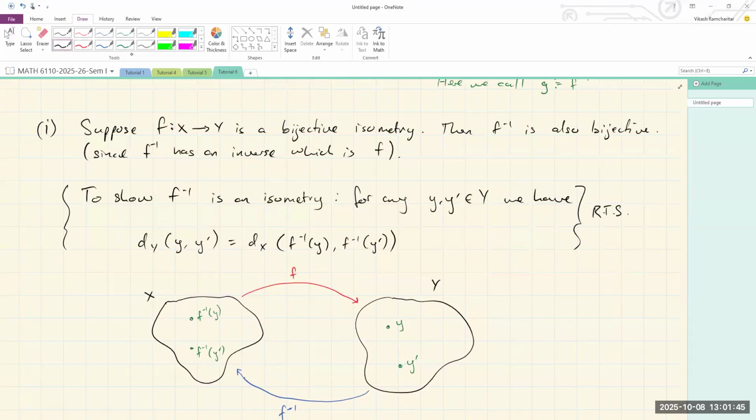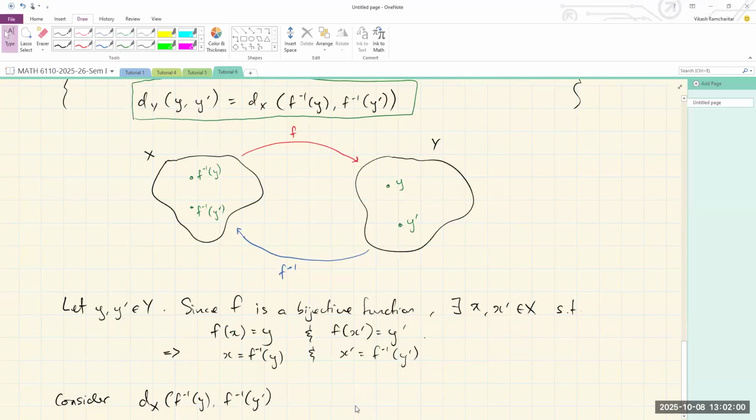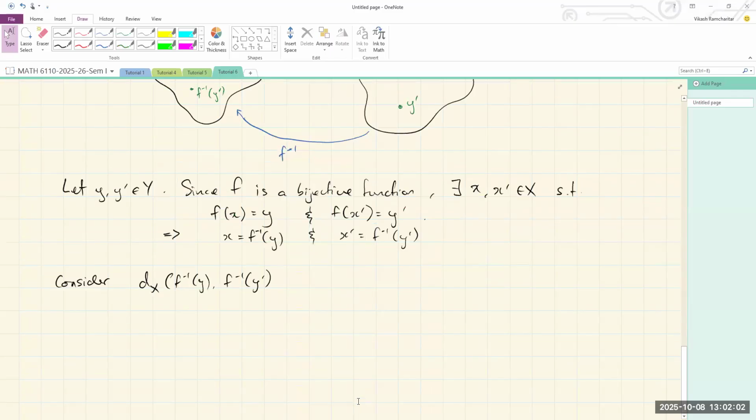What I'm going to show now is this, but I'm starting with the right-hand side and I'll show the left-hand side. So consider the right-hand side is this guy.